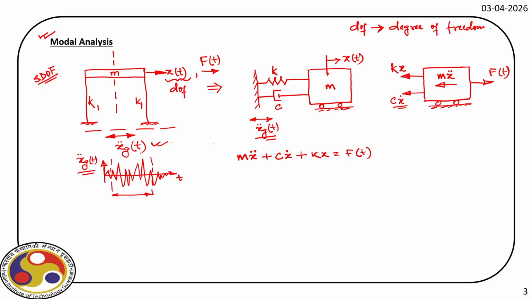Now from your +2 calculus knowledge, you can identify that this is a linear ordinary differential equation, second order, right? And x of t, the solution of this equation, will have two parts: complementary function plus particular integral, right?